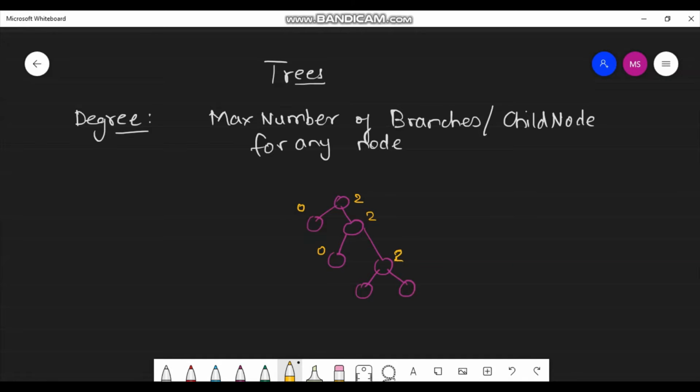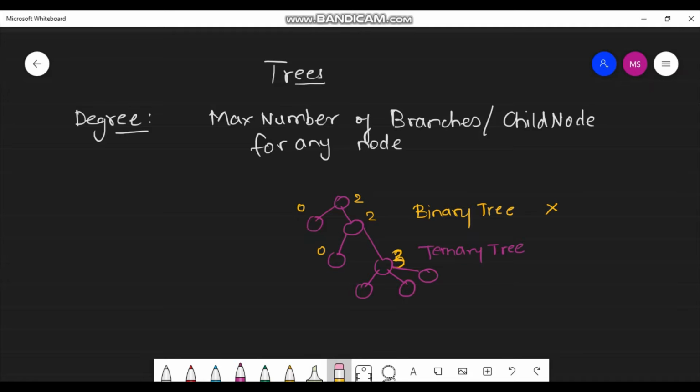So it is accepted or agreeing to the statement of binary tree. So we can say it is a binary tree. But if this has another child node, and you can see there are 3 child nodes here, right? So it doesn't come under binary tree. It is a ternary tree. You get it, right, this way.